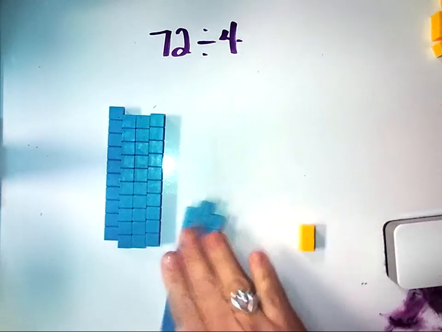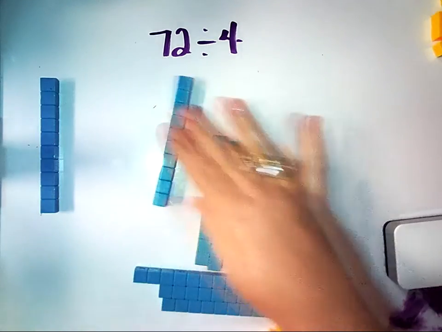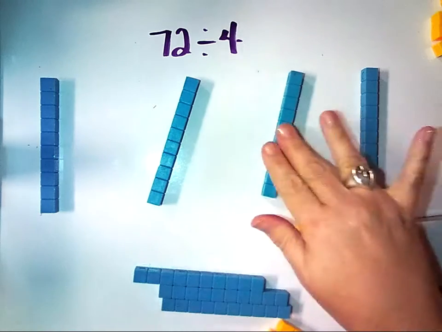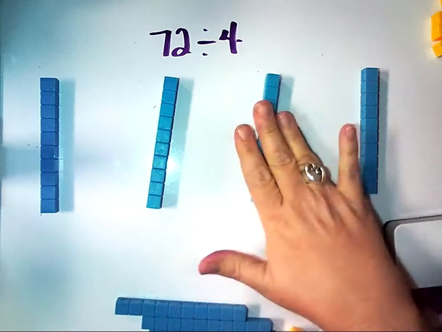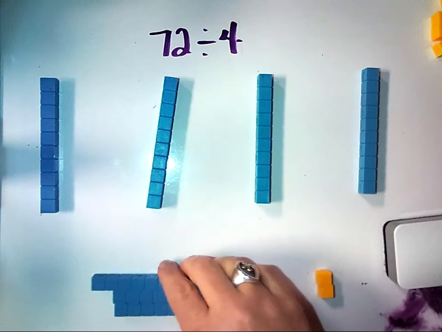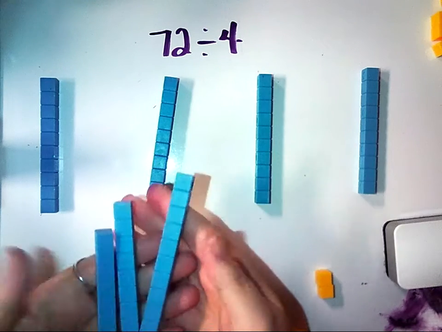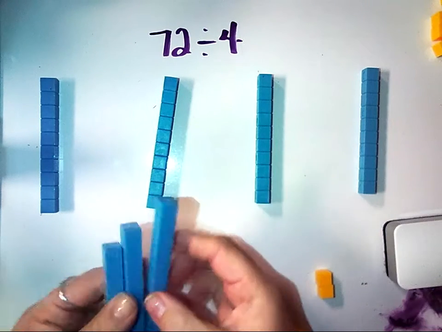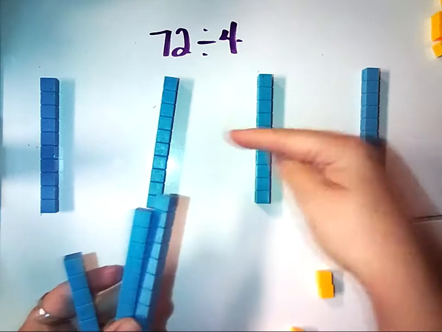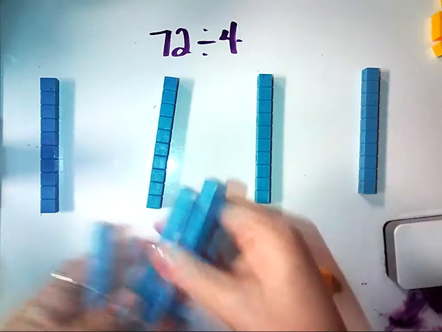Okay, well, there's the beginnings of it. But when I come back, I've got one of those in each group, but then I only have 3 left. With only 3 left, I can't put one in each group like that.